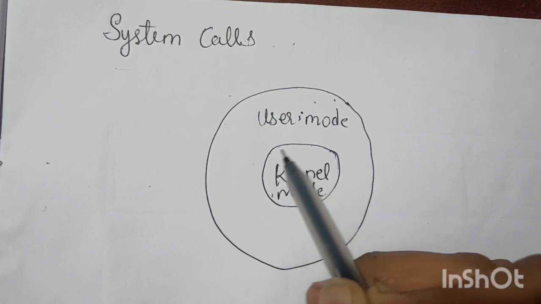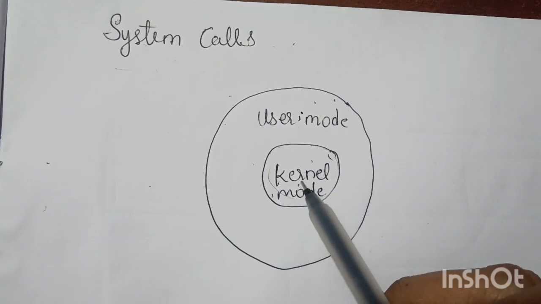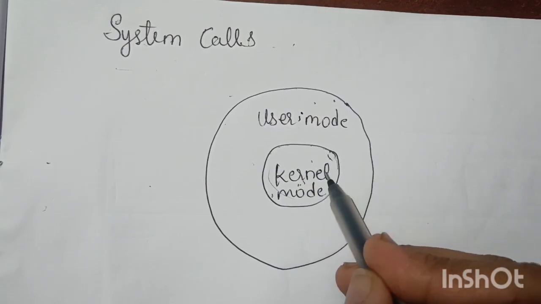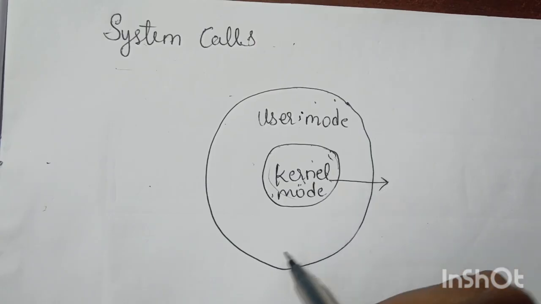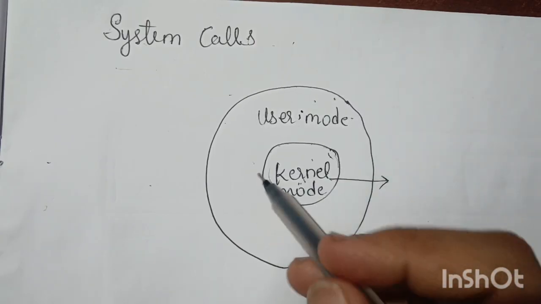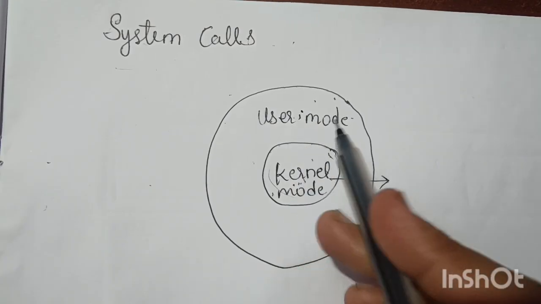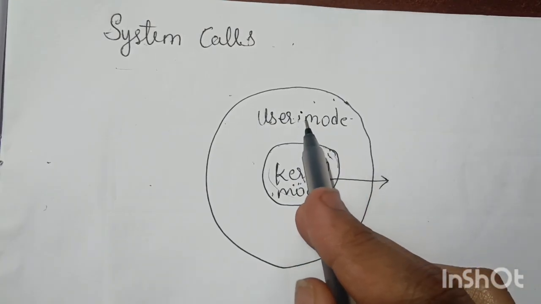Whereas the kernel mode has direct access to the hardware or memory. Therefore we call kernel mode a privileged mode and user mode a safer mode. Now why do we call it a privileged mode, and why is user mode a safer mode?